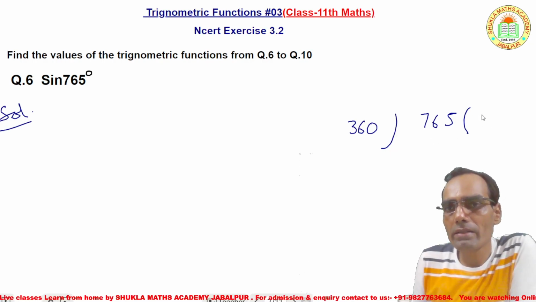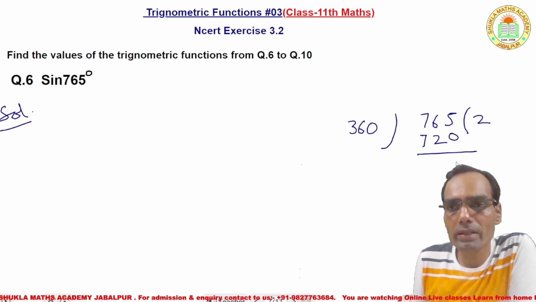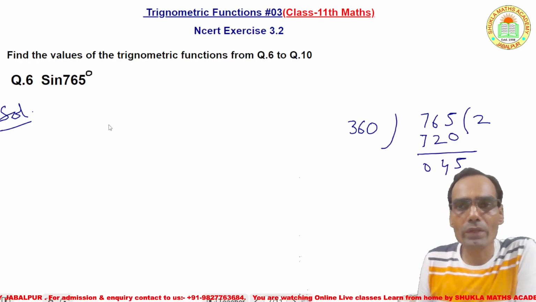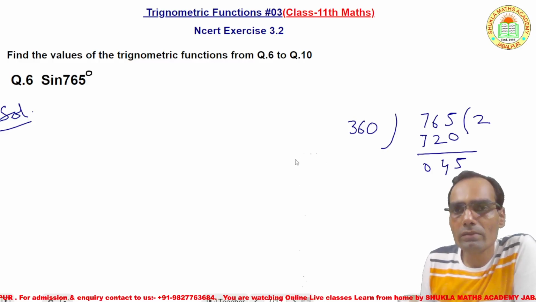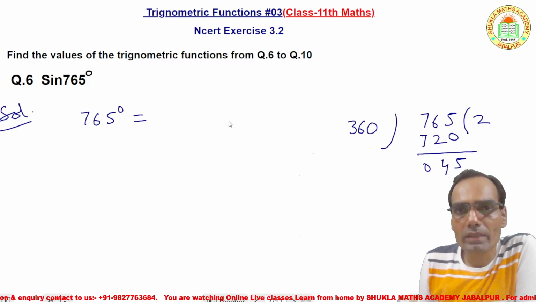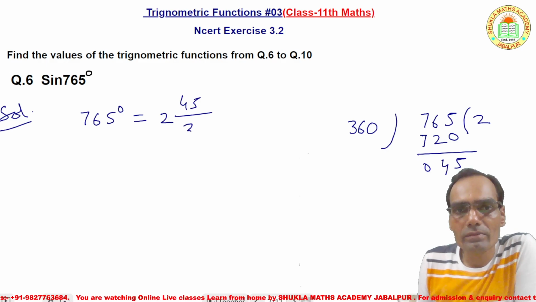So 360 2s are 720, remainder is 45. So we can write 765 degree as dividend into divisor plus remainder.